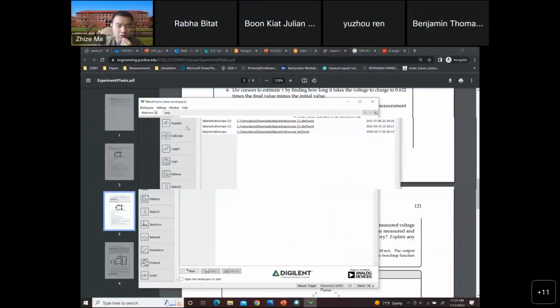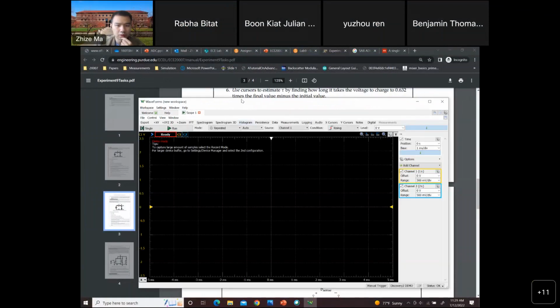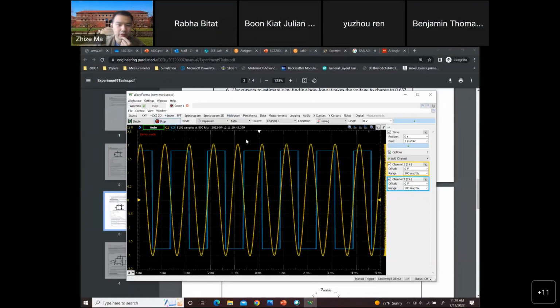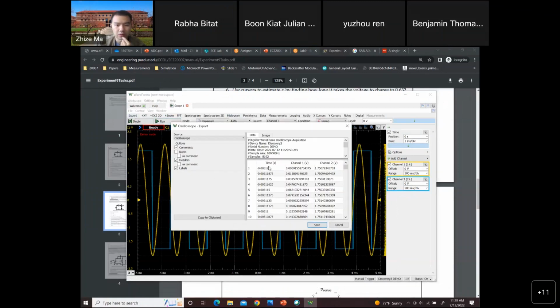So this is your waveform. I'll give a quick demo here. After you have your plot of the voltage across the capacitor, you can export the data. This is the data points of your signal.